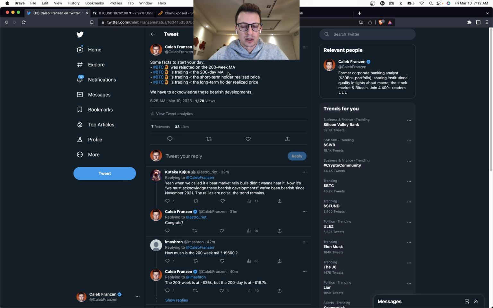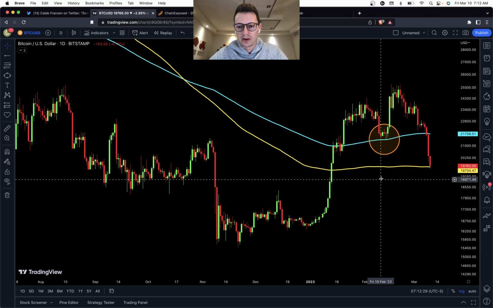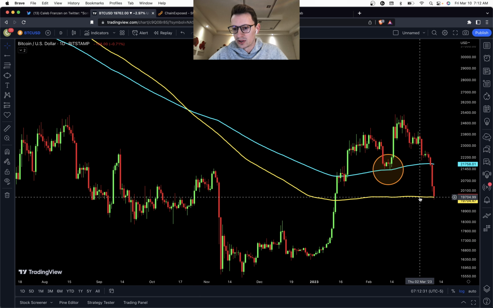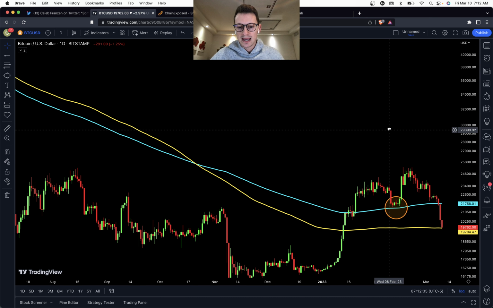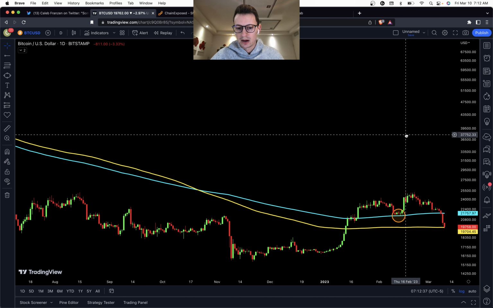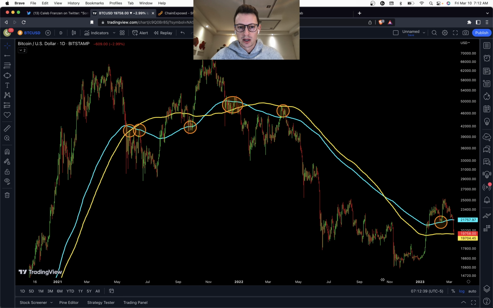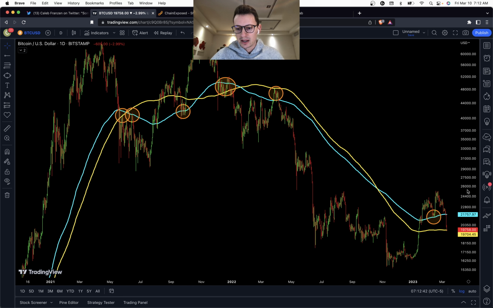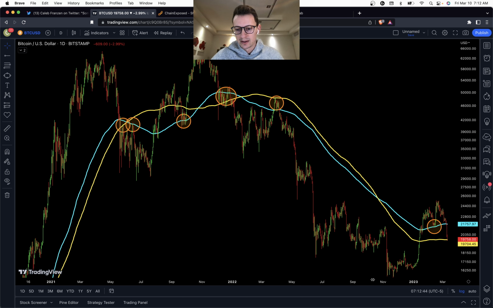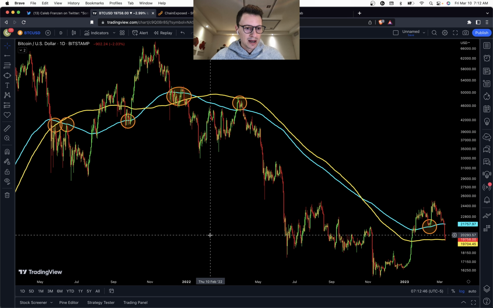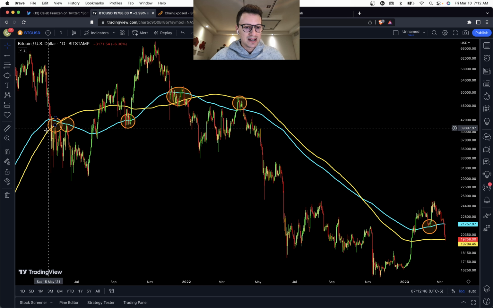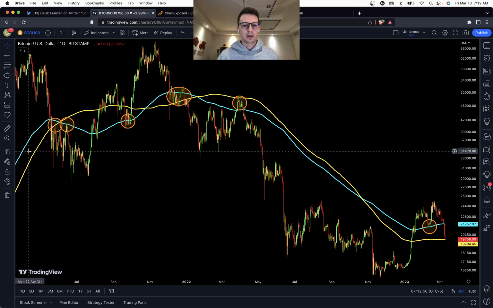We're going to go a little bit out of order, but let's start with the 200-day moving average. When I put this post together, we were trading below this yellow line here, which is the 200-day simple moving average. But the key thing I want to highlight is if we zoom out and go back to the peak of the market in the fourth quarter of 2021, we're looking at both the exponential moving average in blue and the simple moving average in yellow.